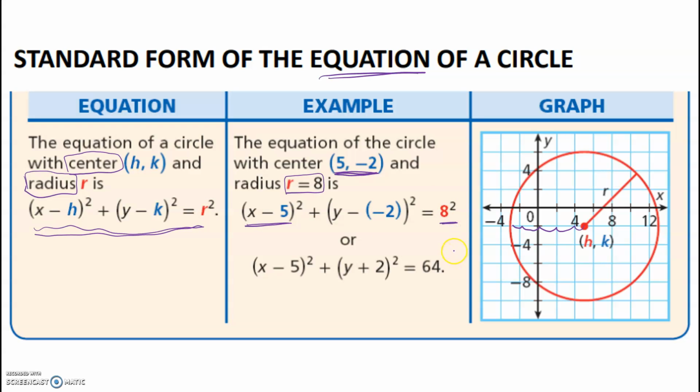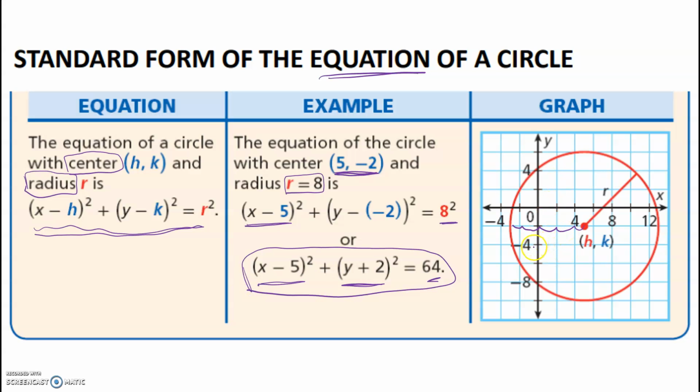Now you do have to pretty it up. So x minus 5 squared is going to stay. There's nothing to pretty up here. But minus negative turns into y plus 2 squared. And 8 squared is 64. So down here, this would be the equation for the circle that's graphed.